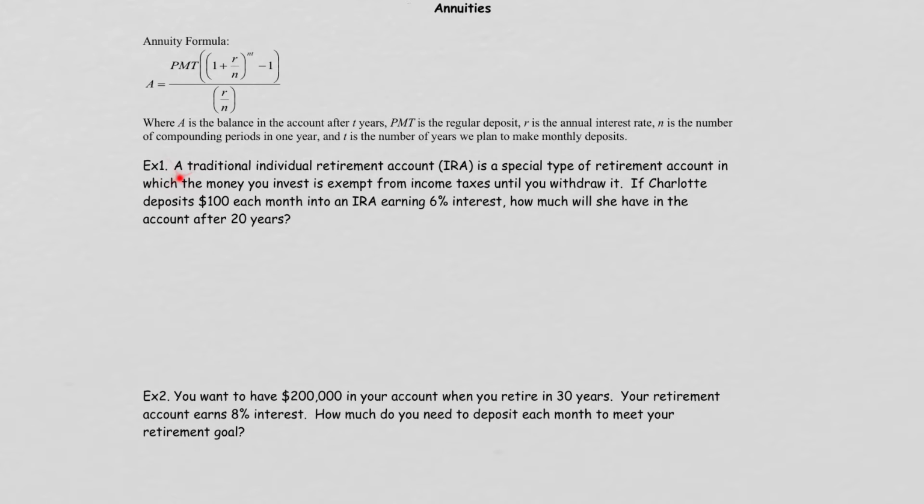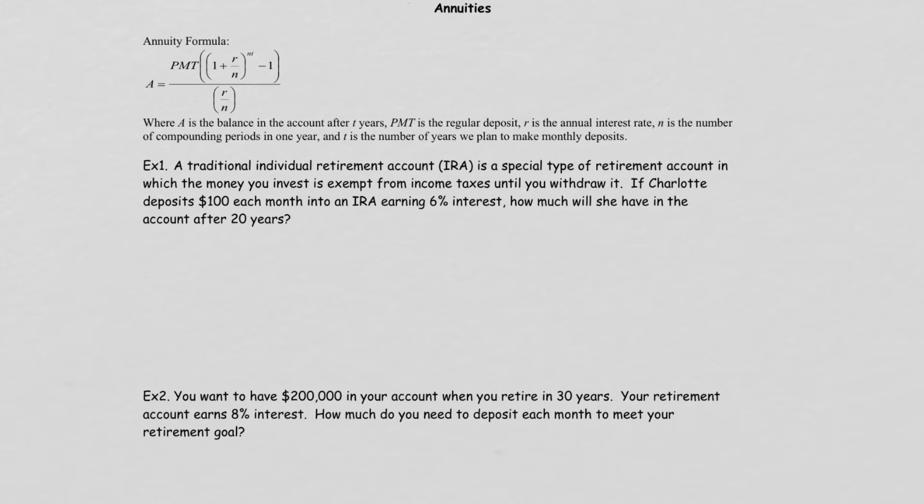If you read example 1, basically this person wanted to put a $100 deposit each month at 6% interest for 20 years, right? So you wanted to find out how much that person is going to make. We're going to use the annuity formula because the person is making regular payments.